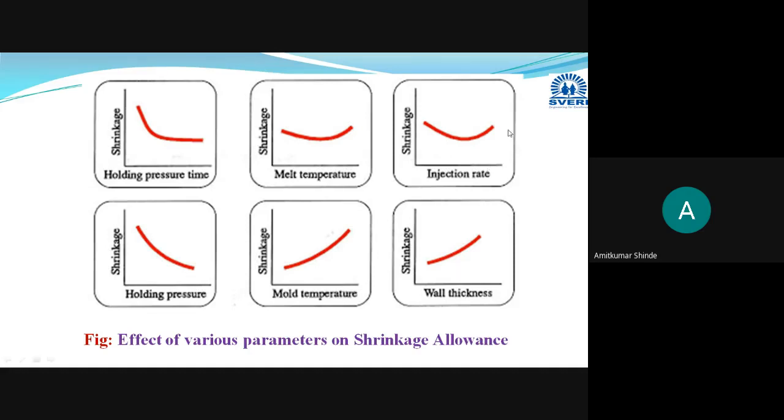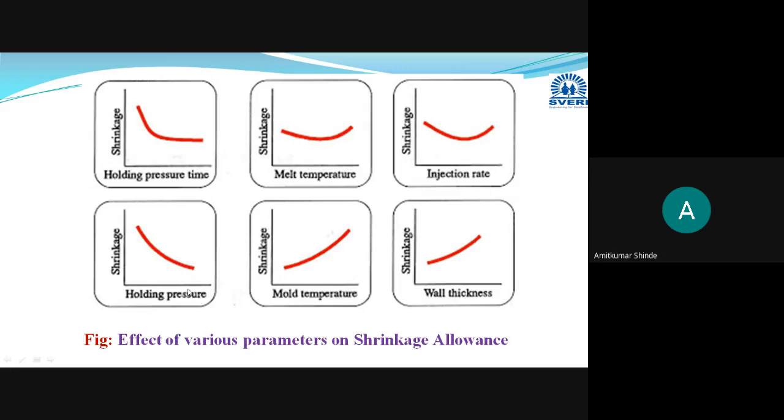Depending on the process, other parameters may be there. Suppose if you are using injection molding, then injection rate. Depending on these, you have to provide the shrinkage allowance. And how these parameters affect the shrinkage allowance, we will discuss one by one.